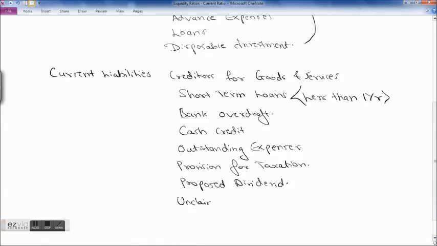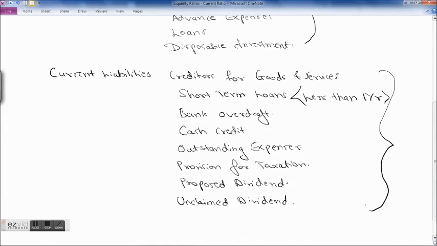Then there is one more, unclaimed dividend. Unclaimed dividend is dividend already distributed to the shareholders, which may pertain to some last few years, and some shareholders have not claimed their dividend, so it's like a short term liability. You don't know when they will claim the dividend, and as soon as they claim it, you have to pay it. So that is unclaimed dividend.